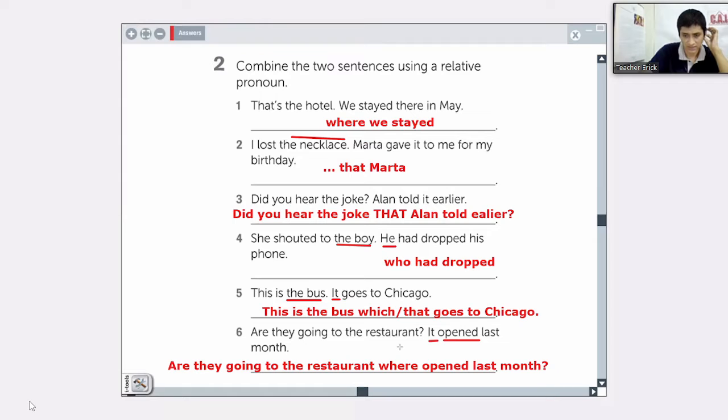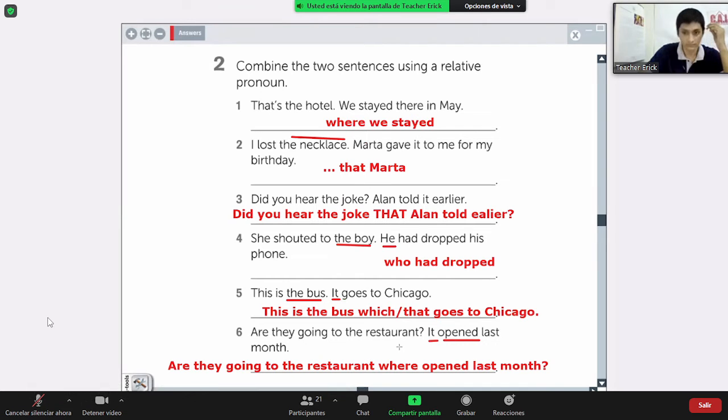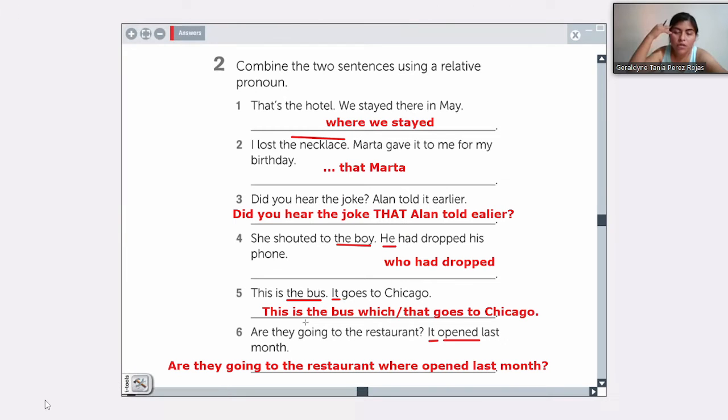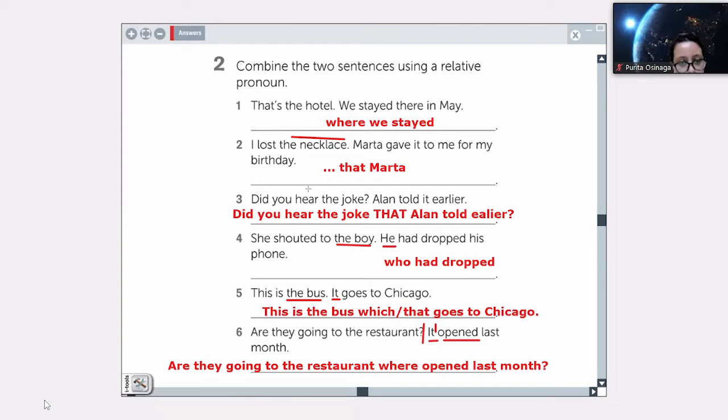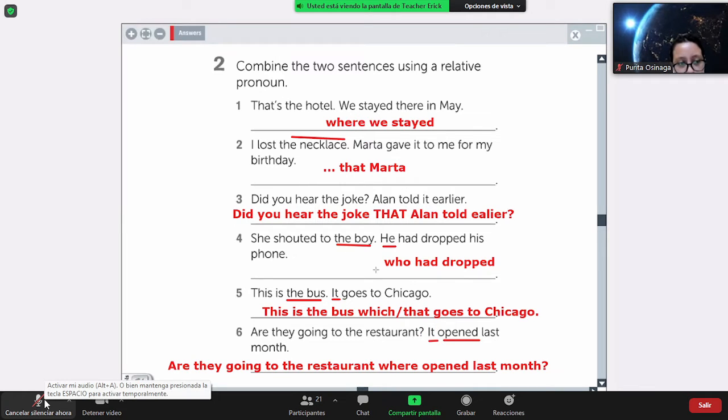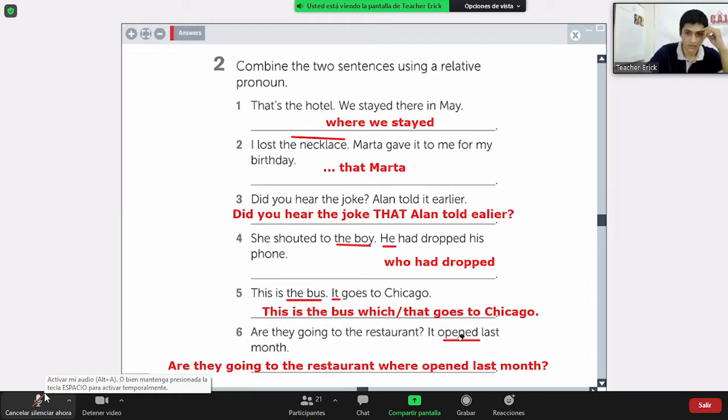o quién realiza la acción. Open. Who open? The restaurant. The restaurant, ¿verdad? Entonces, para it, ¿qué usamos? Para cosa, where? That, okay. No, where, because es una acción.